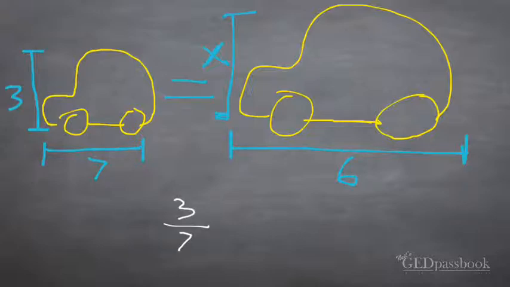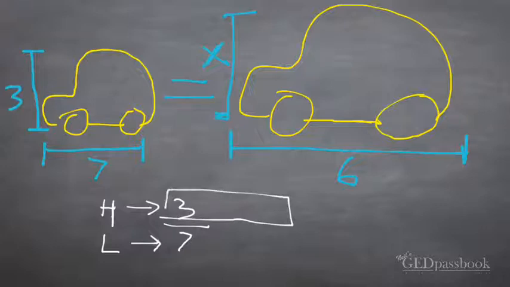What does my 3 represent? This 3 represents my height. What about the 7? The length. So you've identified that the top row, the numerators, are going to be my height, and the bottom is going to be my length.